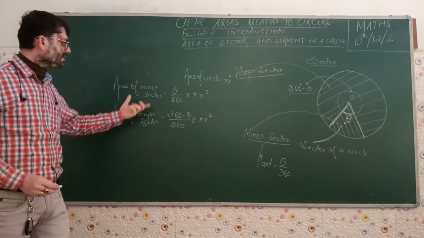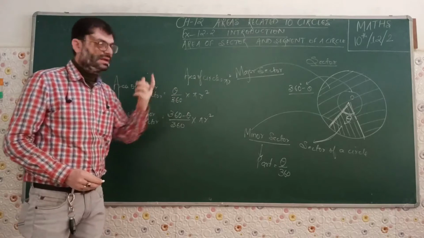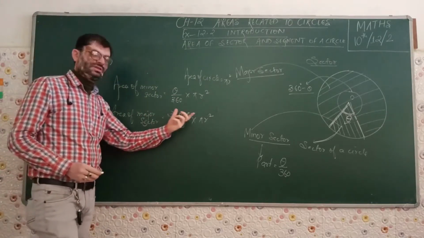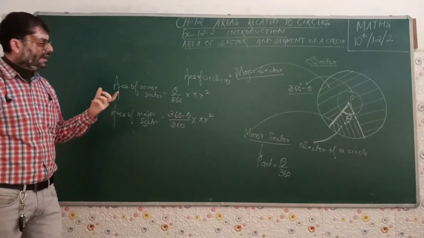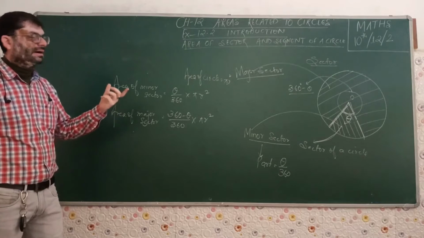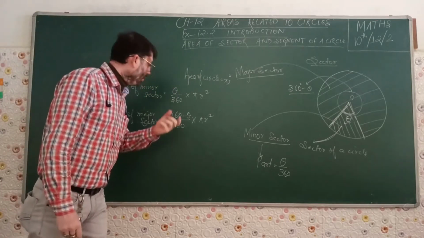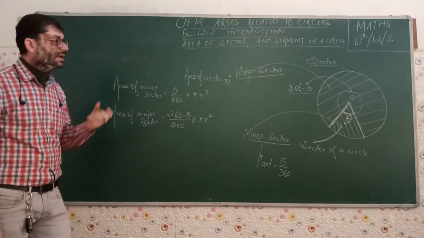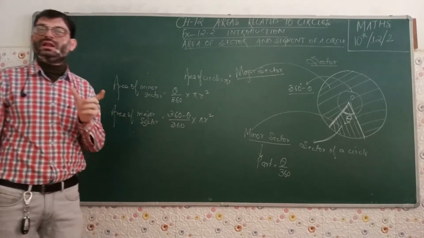Area of minor sector is theta by 360 into pi r square, where theta is the angle of the sector. Area of major sector is (360 minus theta) by 360 into pi r square, where 360 minus theta is the angle made by the major sector at the center. Now, the angles are made at the center, so the angles are specifically termed as central angle.